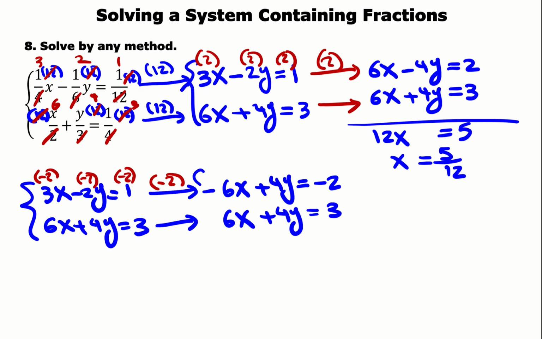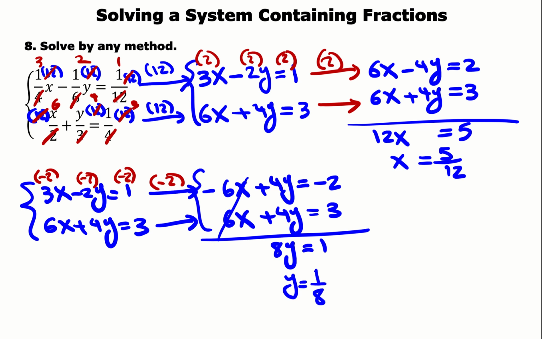I leave that alone. Now I go ahead and add the equations. These cancel out. I get 8y equals 1. So I get y equals 1/8. And now I can write my solution set as containing the ordered pair 5/12, 1/8.